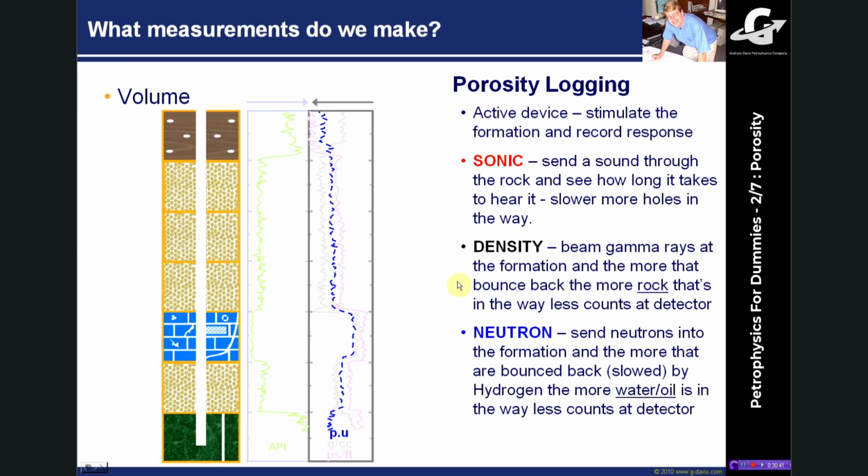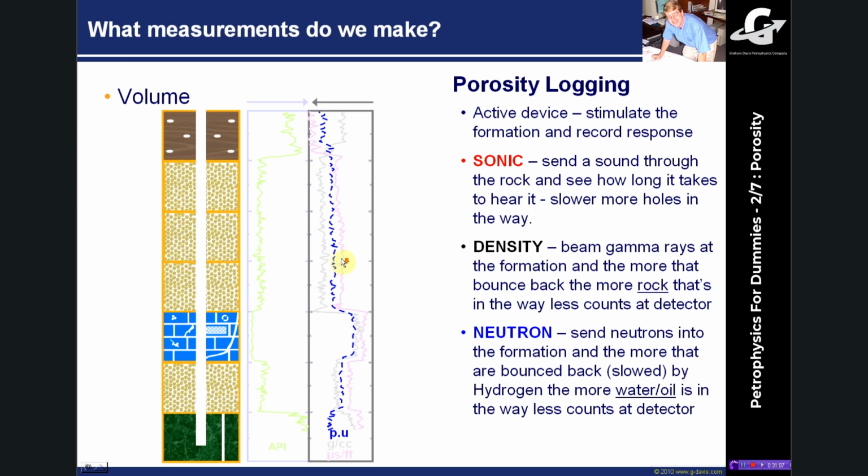So in summary then, I guess the neutron is a fluid porosity log. The density measures the rock more directly, and the sonic wends its way through the pore, both matrix and fluid, and depending on a combination of effects, how it transmits through there is how you infer the porosity.